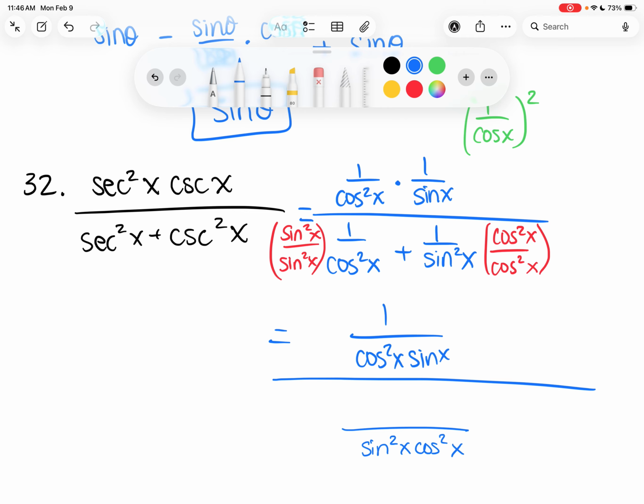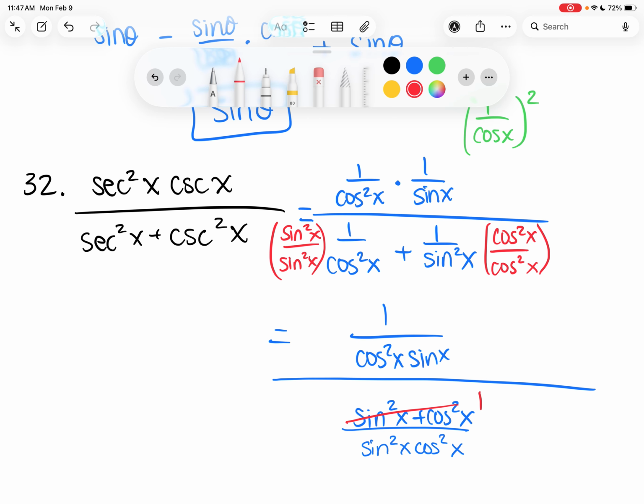The top then is just sine squared times 1 plus cosine squared times 1, so that's sine squared of x plus cosine squared of x. Well, what's sine squared plus cosine squared? 1. So to not have to rewrite this whole thing, I'm just going to cross that out and write a little 1 there. So technically at this point I have 1 over the cosine squared of x times the sine of x, all over 1 over the sine squared of x times the cosine squared of x.